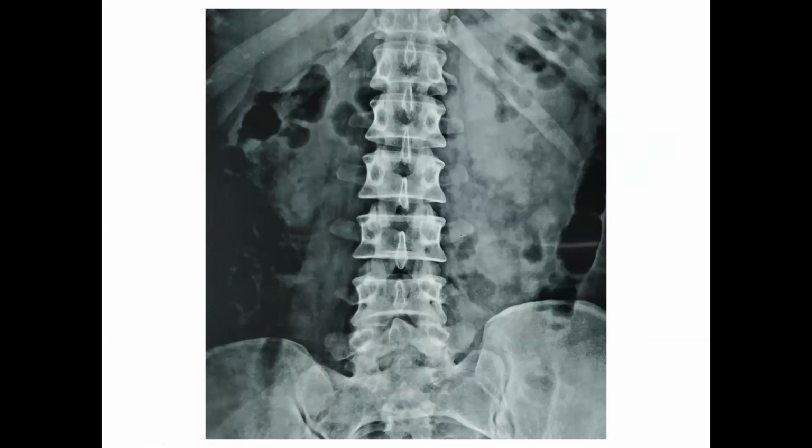When S1 is converted into a lumbar vertebra, it is called lumbarization, so one extra lumbar vertebra. And when a lumbar vertebra is converted into a sacrum, it is fused, then it is called sacralization. But is it possible that the 12th rib is absent? Yes, sir. Okay, so that is also a possibility.